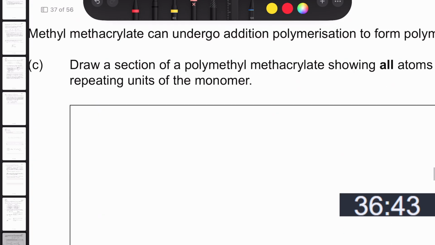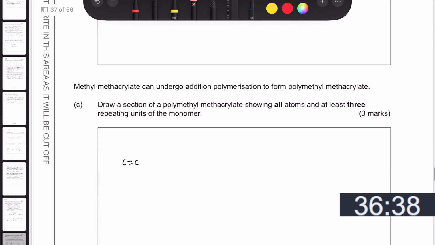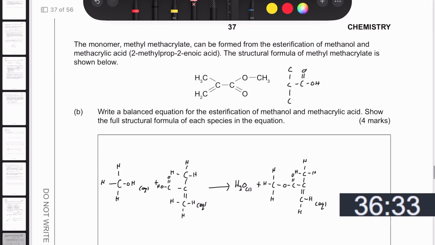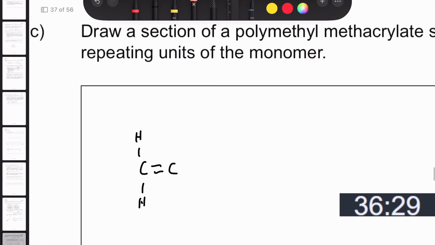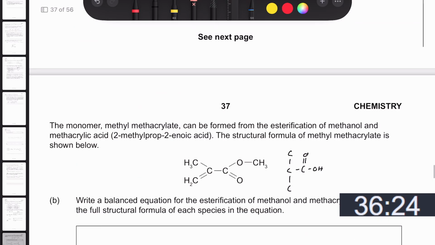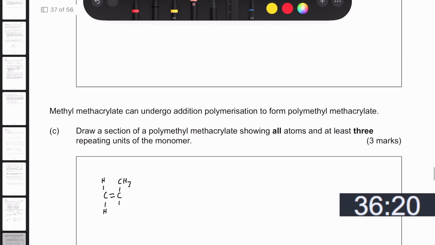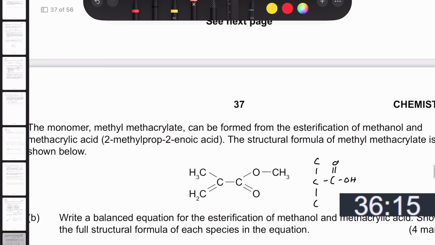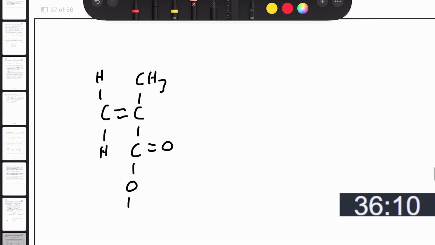Okay, so let's see if I do my C. My left hand is just going to be H, and then this one's going to have CH3, and then this is C double bond O, O CH3.